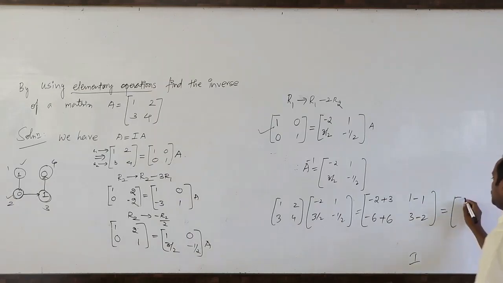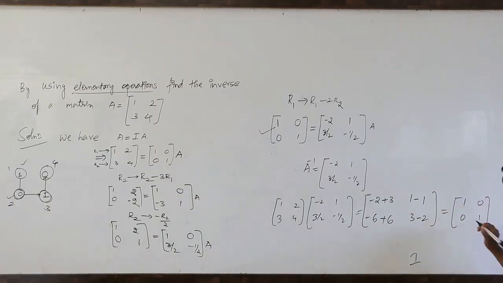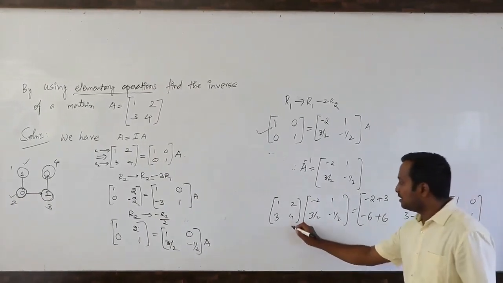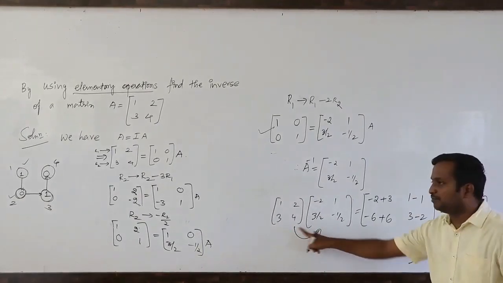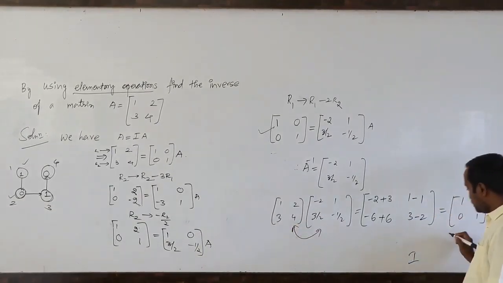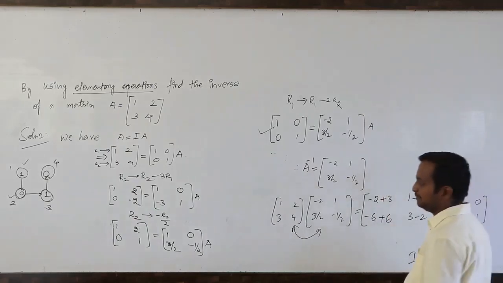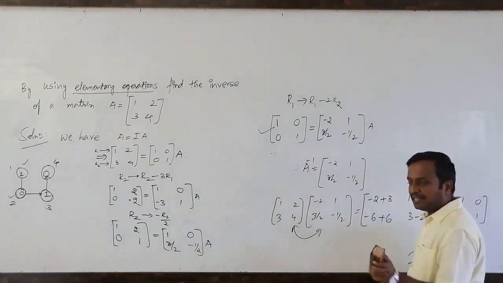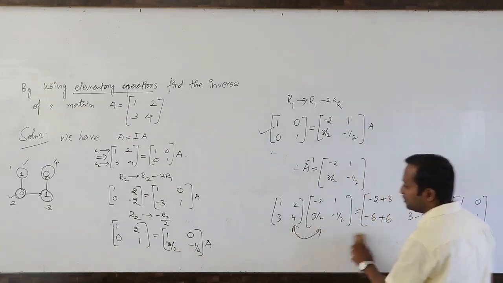Yes, we got 1 0 0 1. If you multiply these two, you must get identity. Then it is correct. No need to solve this in the examination, just for practice purposes I did it.